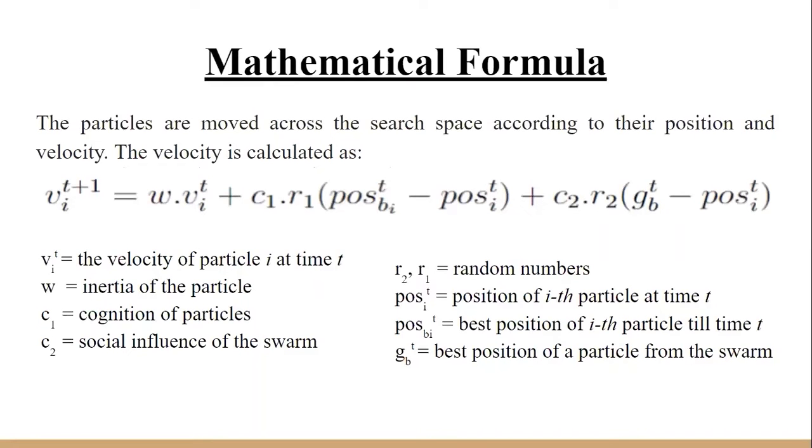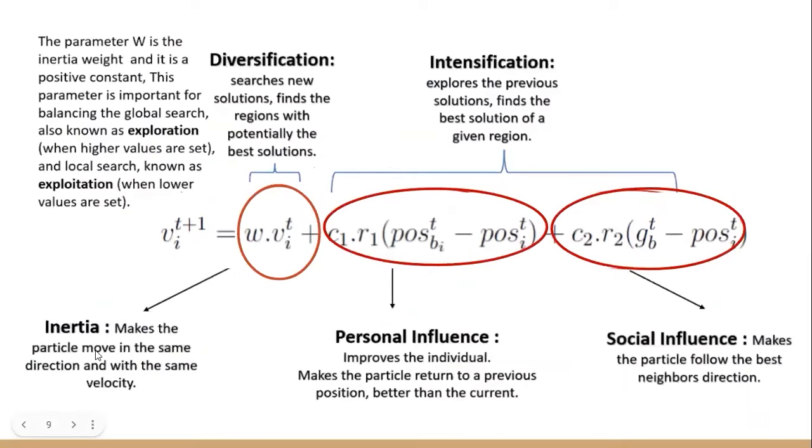So for the analysis part, first we'll go through the mathematical formula. So as discussed, those particles move in a search space according to the position and velocity, and the velocity is calculated as follows. And these are the different parameters which I'll be going through. So first part, as you can see here, it's generally used for diversification, which is searching new solutions and finding the region which has the best solution.